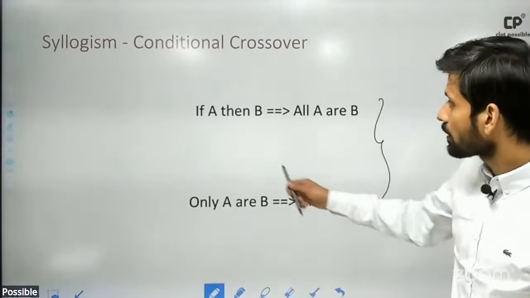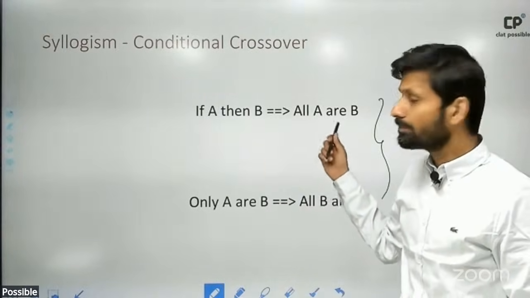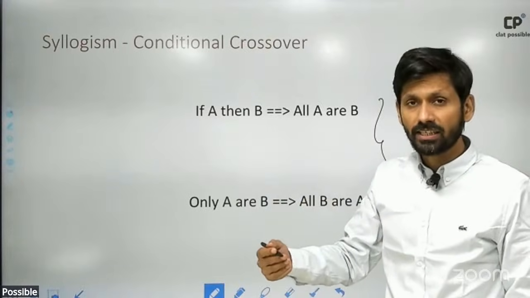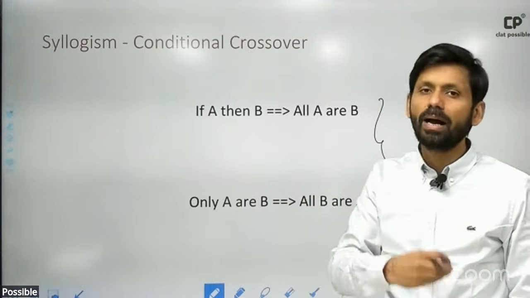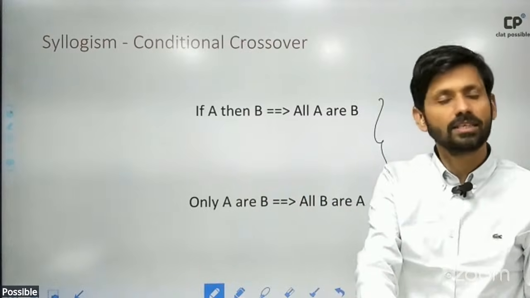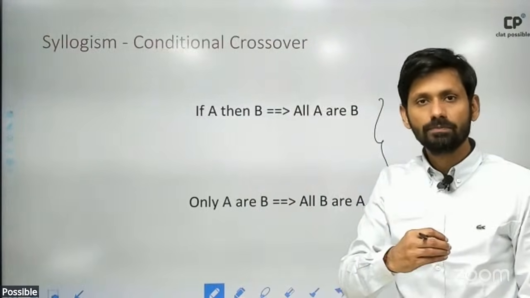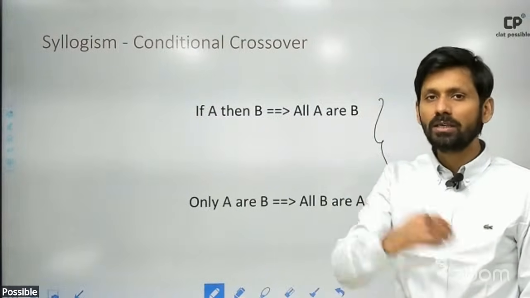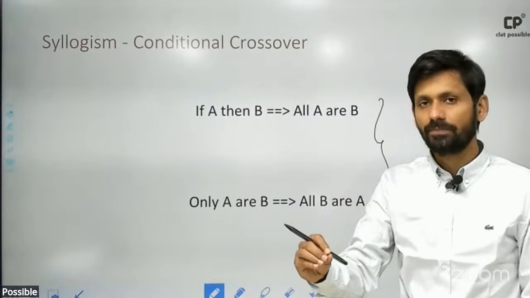Okay, तो अगर if A then B है, उसका equivalent statement है all A are B. इसका intuition समझने के लिए ऐसे कर लो, अगर मैं कह रहा हूं if it is a whale, it is a mammal, and we agree with that statement. And then I'm saying all whales are mammals, we agree with that statement, right? So if whale then mammal and all whales are mammals are the same statement logically.